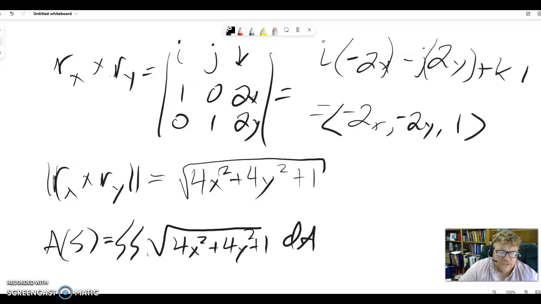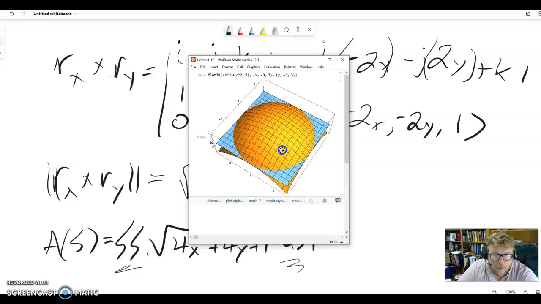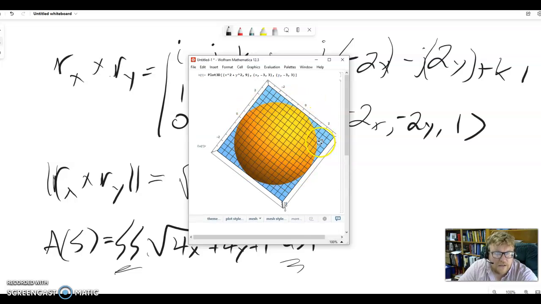Now I need to figure out what limits to put here. Let's go back and look at our picture for a moment. The limits are going to be where this area sits. This area sits on a circle in the xy plane, a circle of radius 3.